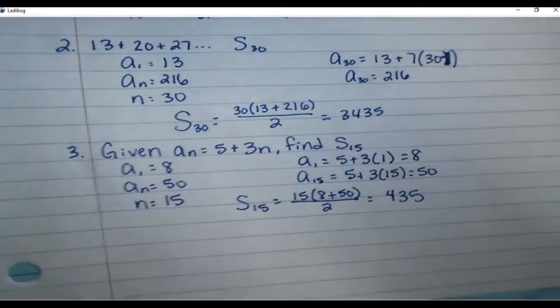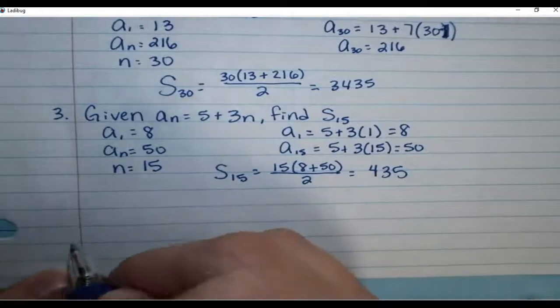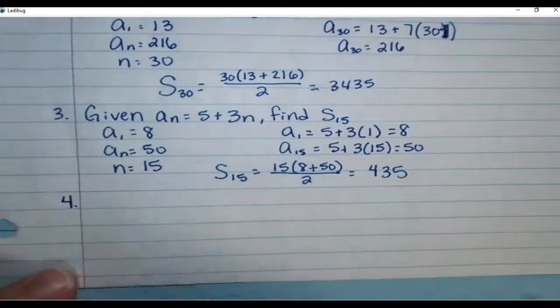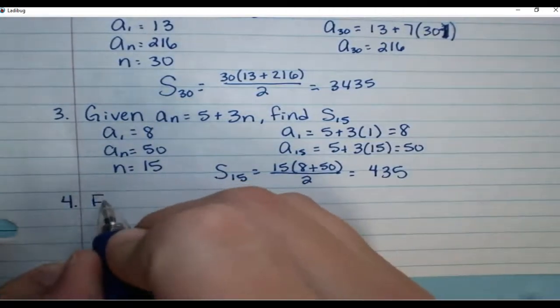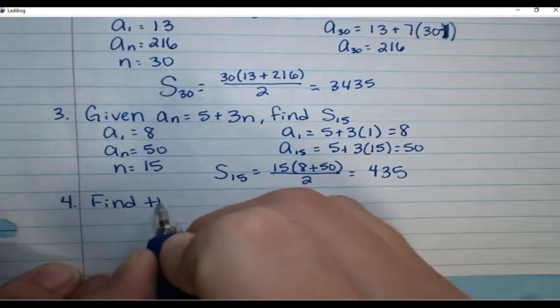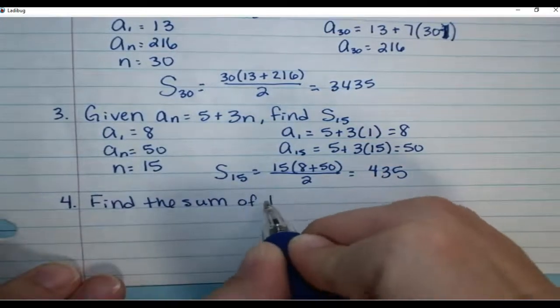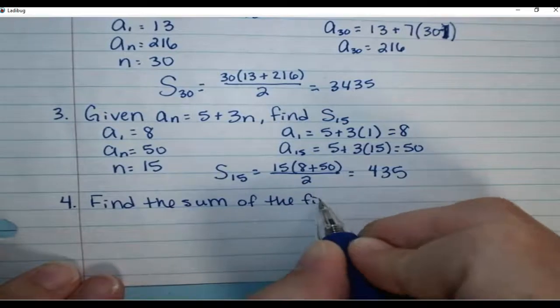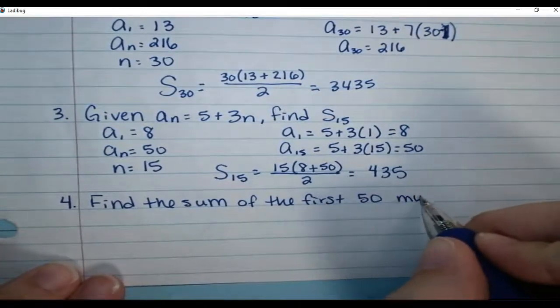Let's do one more. So sometimes you might not be given anything except for a little sentence. So this one says we want to find the sum of the first 50 multiples of 4.